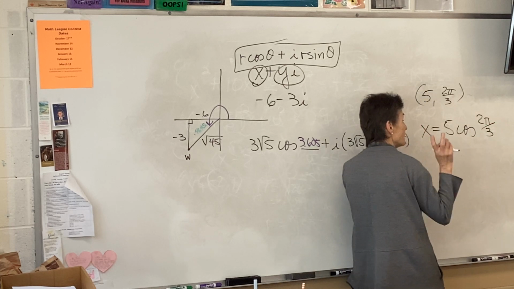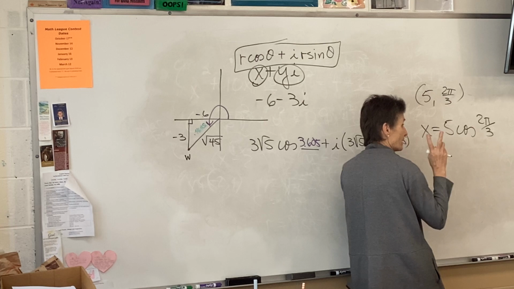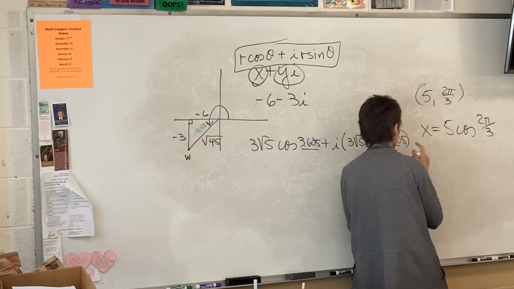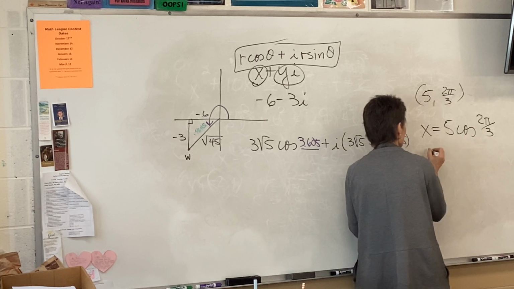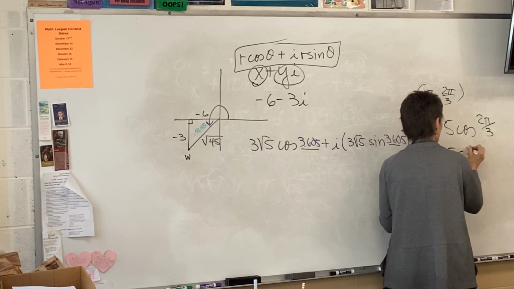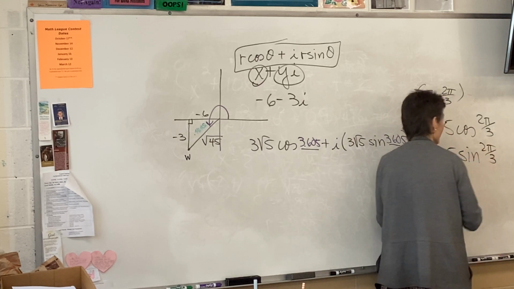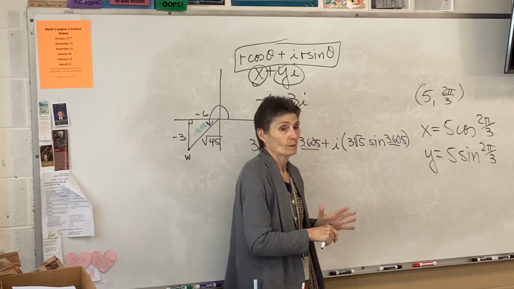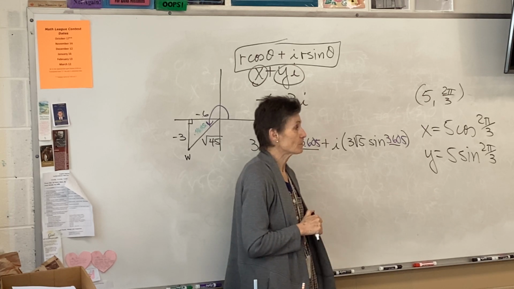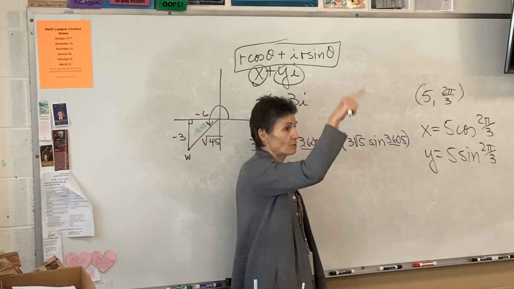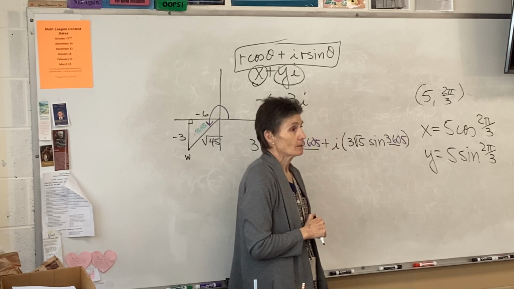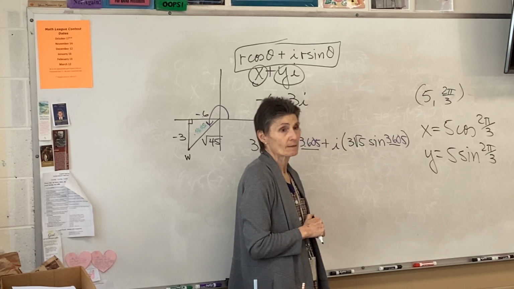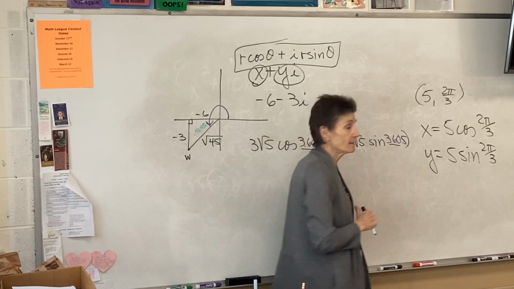No calculator necessary for this one. We can do this one exactly. Exact means no calculator. We don't need one. That's one of our angles. And y is going to be 5 sine 2 pi over 3. Okay, so cosine 2 pi over 3. Cosine is 1/2 negative.